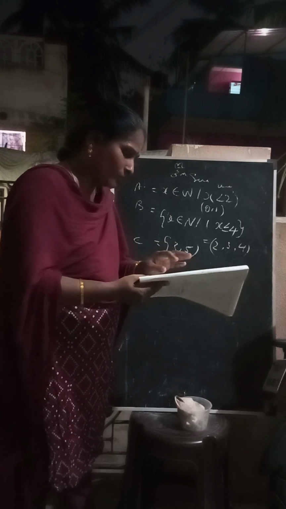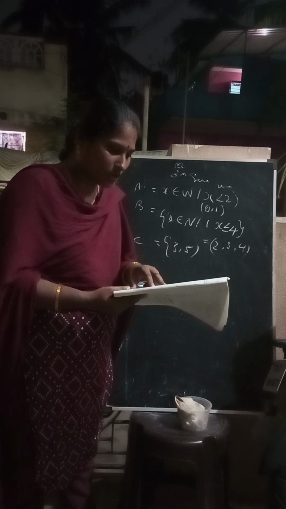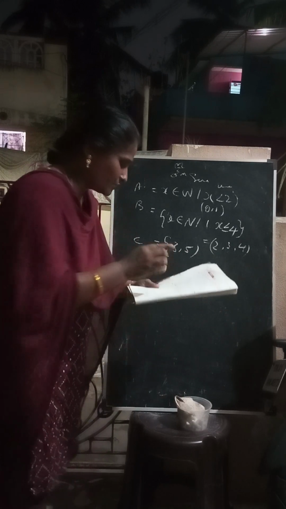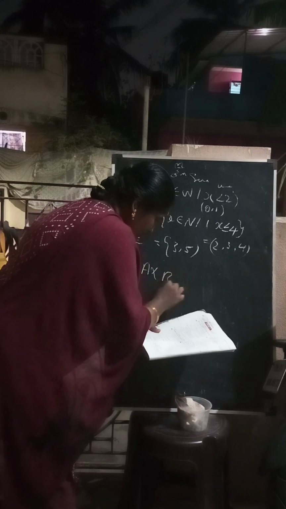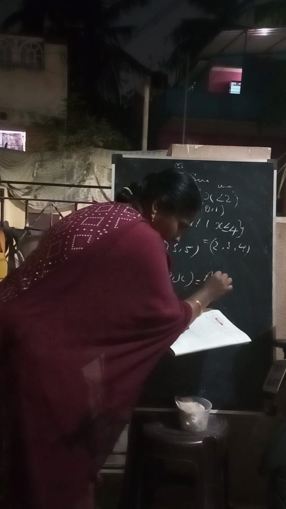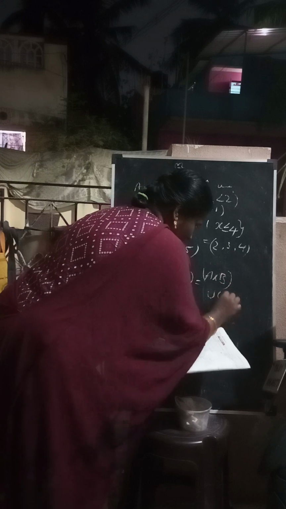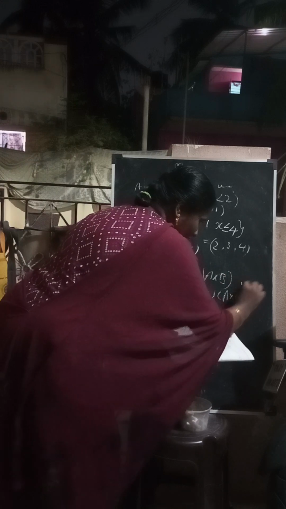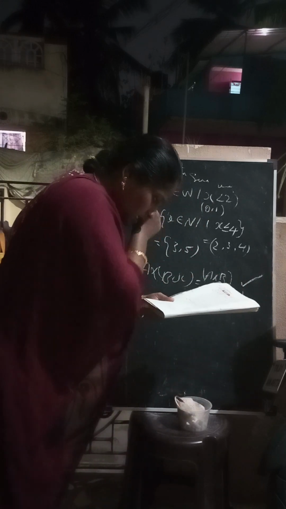Verify. What do we have to verify? A cross (B union C) is equal to (A cross B) union (A cross C) has already been verified in previous classes.